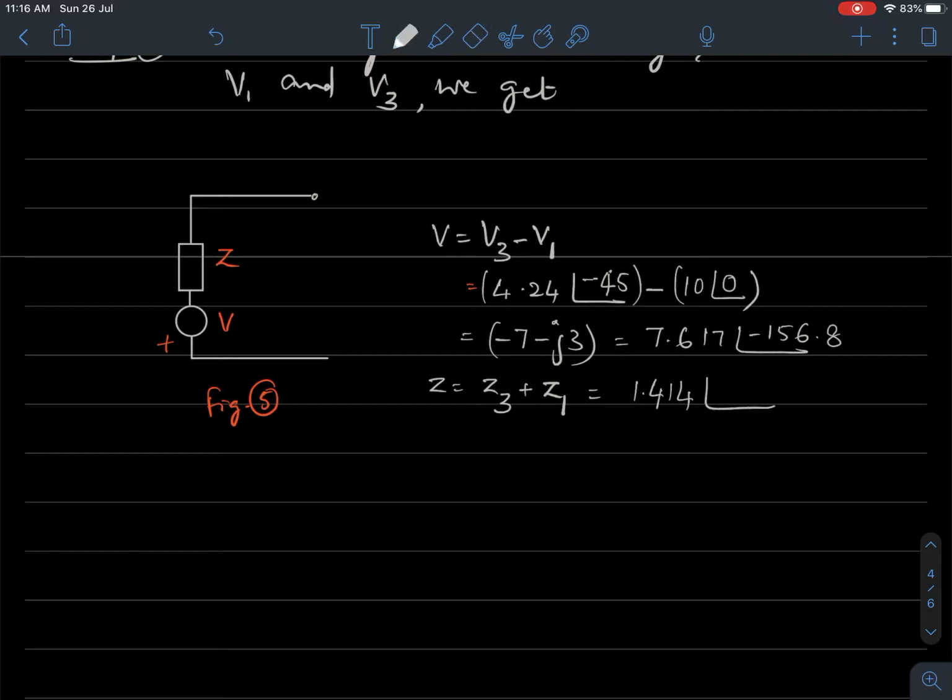This is 1.414 at an angle 45. Okay, this is Z3 plus 5 at an angle 45.